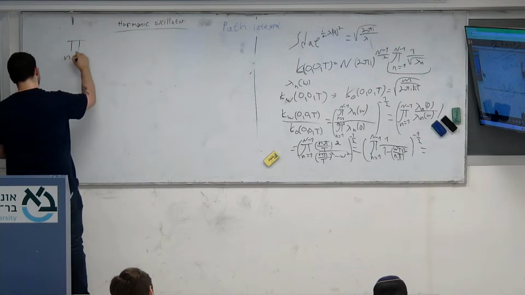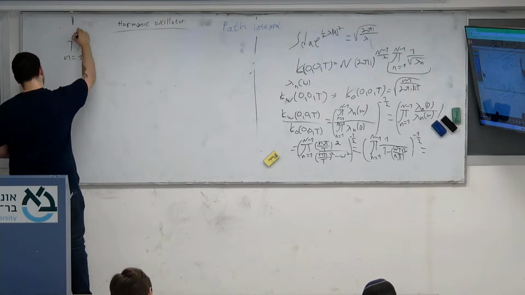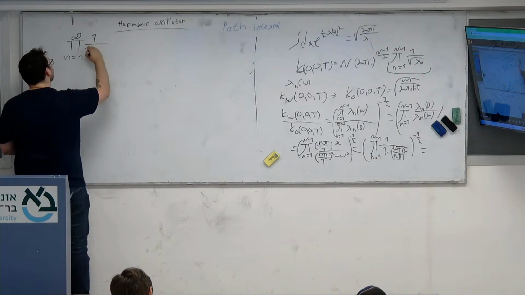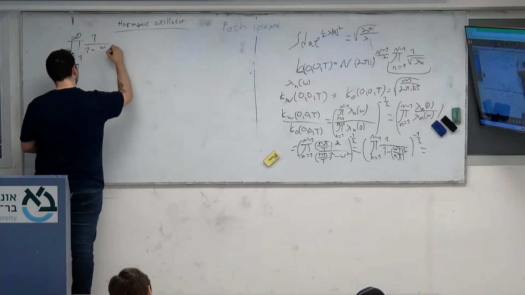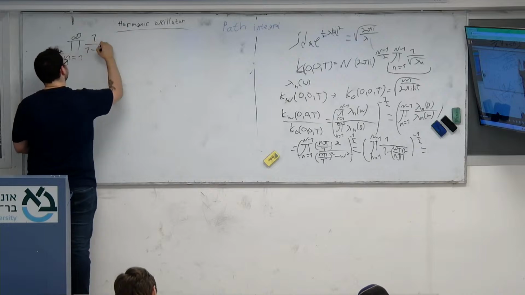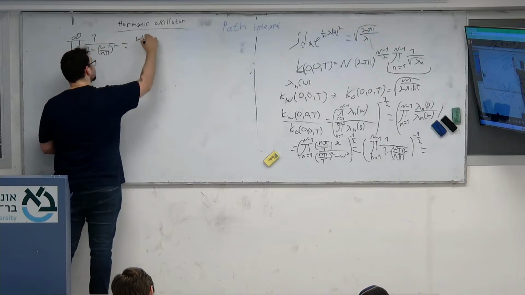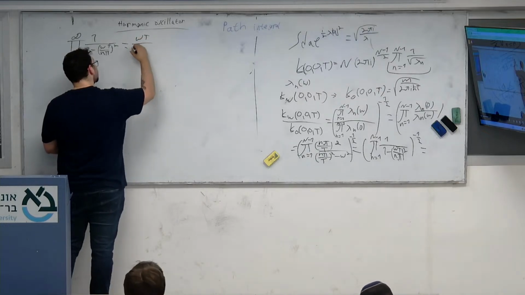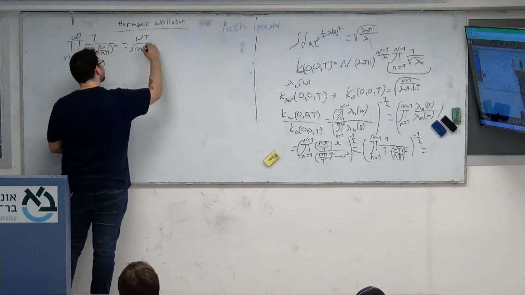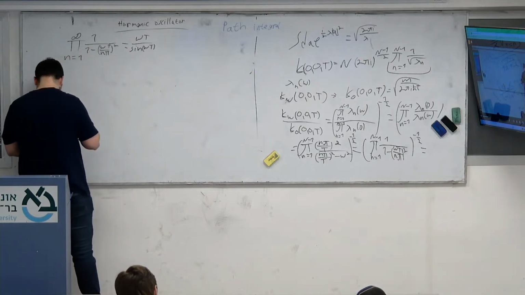The solution for this product series equals omega t divided by sine omega t.